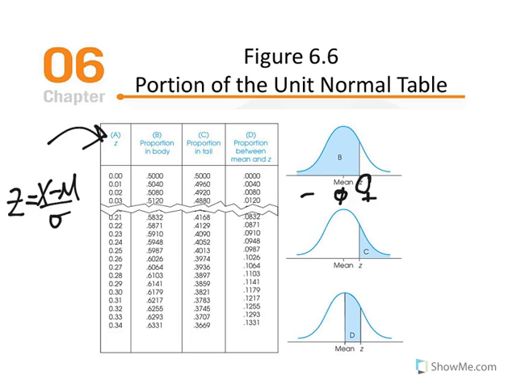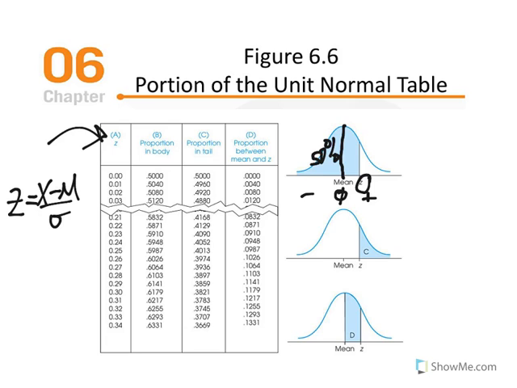So this is the area we would refer to as the body for a positive z-score. It's always the larger area, and it always encompasses 50% of the distribution, half of the distribution, plus the area between the mean and the z, which is referred to as column D, the proportion between the mean and the z.